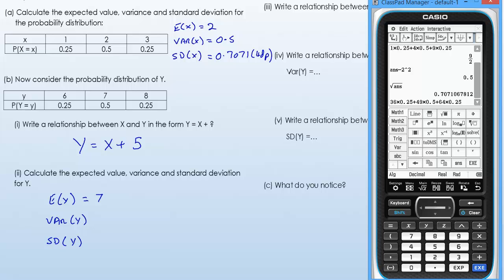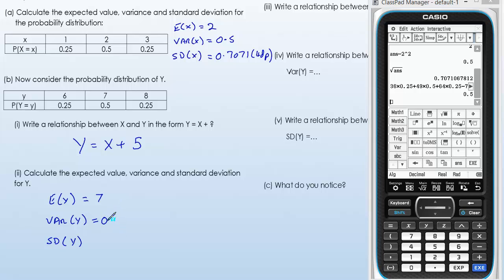And then we need to take away from that 7 squared. And that gives us 0.5, which means the standard deviation of y would be 0.7071 to 4 decimal places.